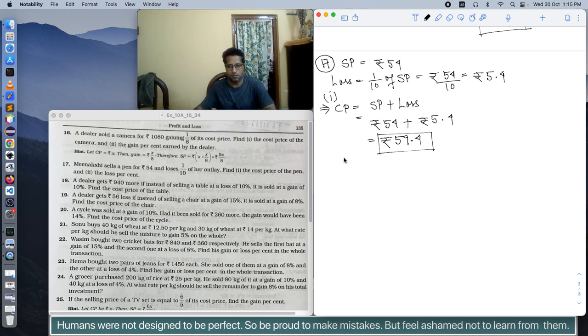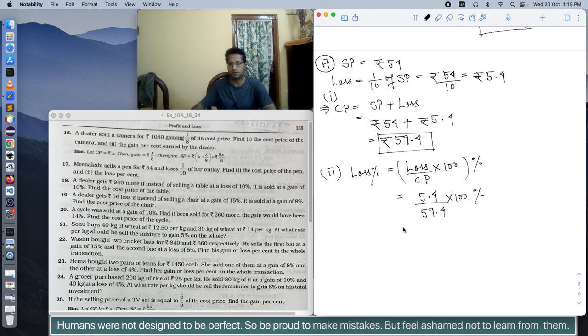The second part is to find the loss percent. So loss percent is equal to loss divided by cost price multiplied by 100, this much percentage, and loss we know is rupees 5.4. Cost price we know is 59.4 multiplied by 100, this much percentage.